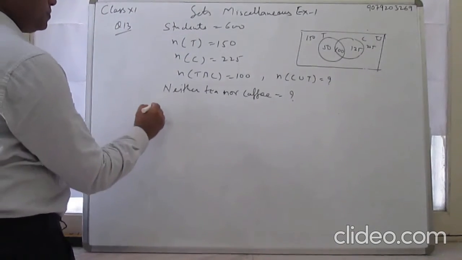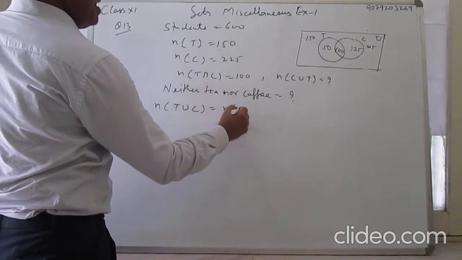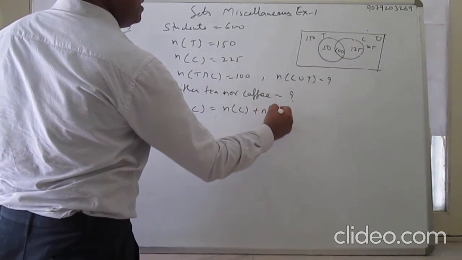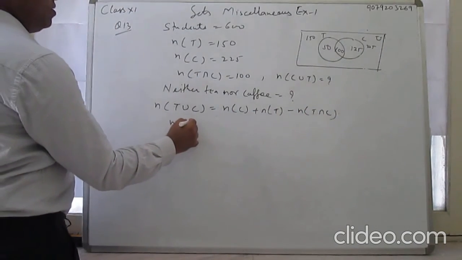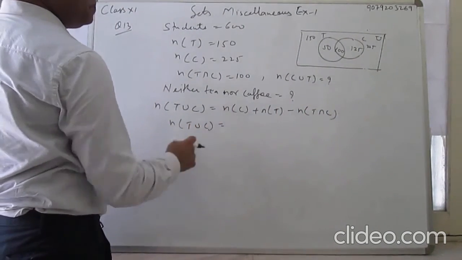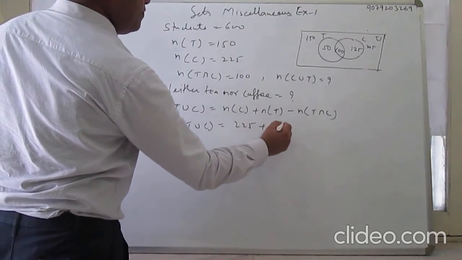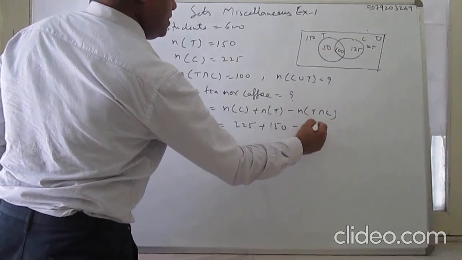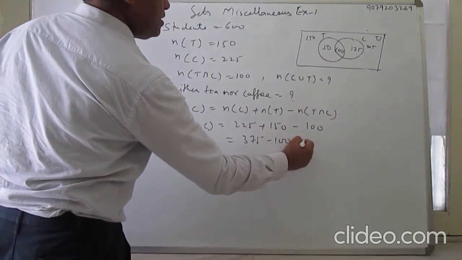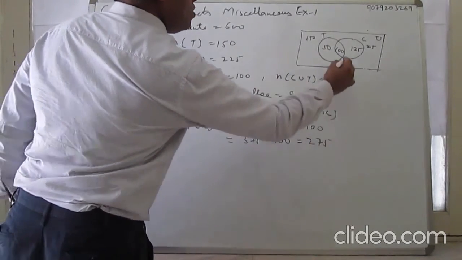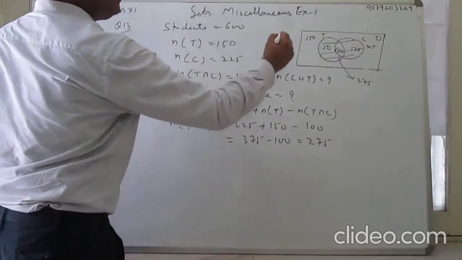Now see the mathematical solution. n(T union C) is equal to n(C) plus n(T) minus n(T intersection C). C is 225 plus T 150 minus 100, it is 375 minus 100 is equal to 275. You also see this in the Venn diagram, it comes 275 and this is 600.